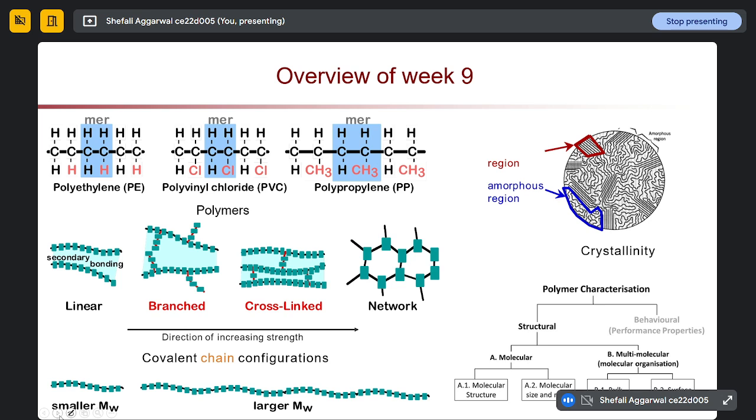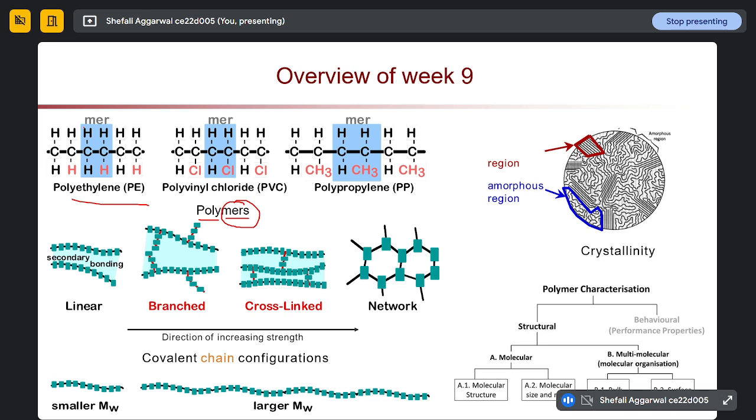So if we start from the basic thing, what exactly does polymer mean? Poly means many, mers means parts, from a small monomer. So if we see from this example, when you are repeating a small monomer a different number of times for a different length, that is called a polymer.